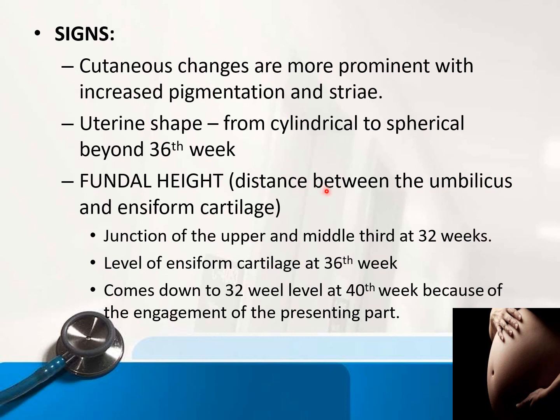And the fundal height, already I have given an explanation about it. It will be at the junction of the upper and middle third at 32 weeks, that is between umbilicus and xiphoid process of the sternum, or we can call it ensiform cartilage. And at 36 weeks it will be at the level of the ensiform cartilage, and again by 40th week it will come to the 32 week level because of the engagement of the presenting part.